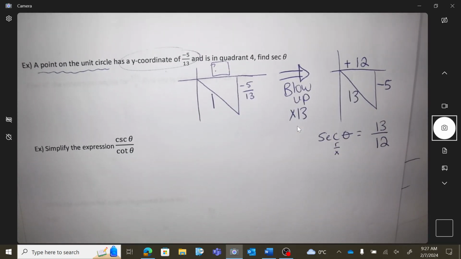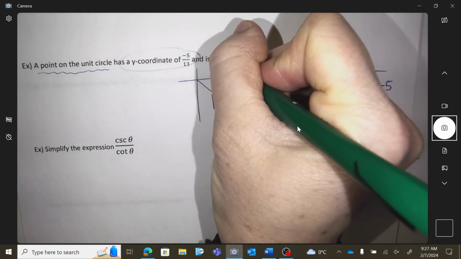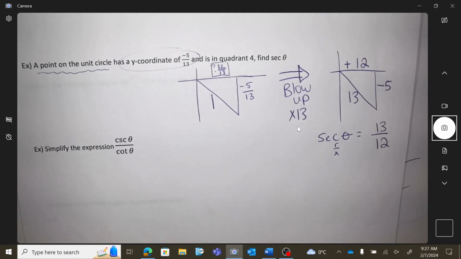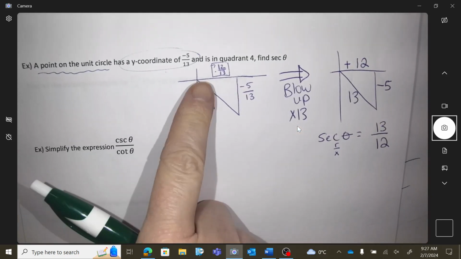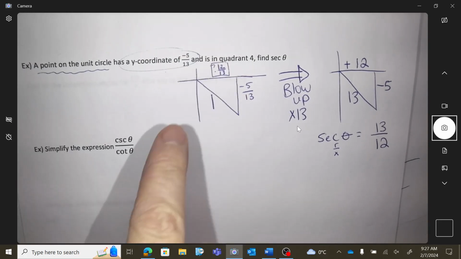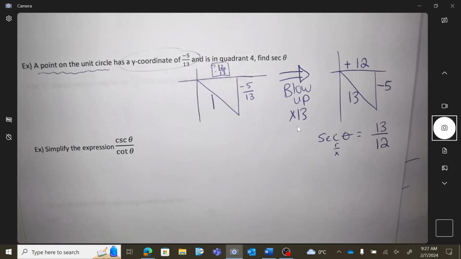You'd have to go back. So then this would be a 12 over 13 on the original triangle, okay? So if it ever asks for what was the x value, you'd have to be on the original. Or if it asks for the coordinate of the point, x comma y, you'd have to be on the original. Just shrink it back down, okay?